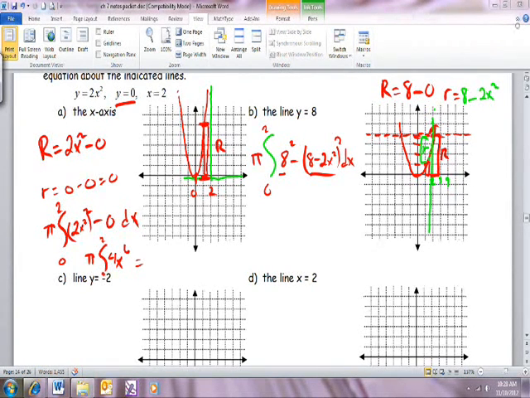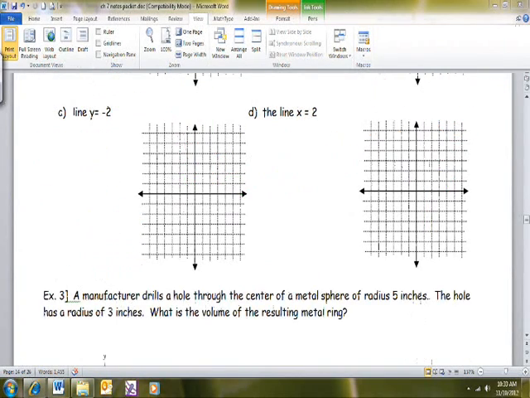Alright, let's do one more here. So we got the line y equals -2. So I'm going to keep everything back in normal size. Our normal graph went here, here, and then up all the way up to 8.